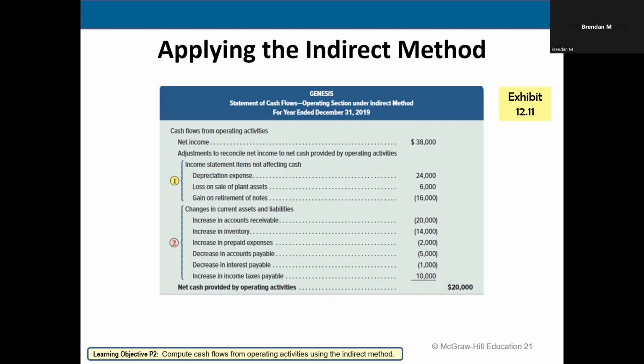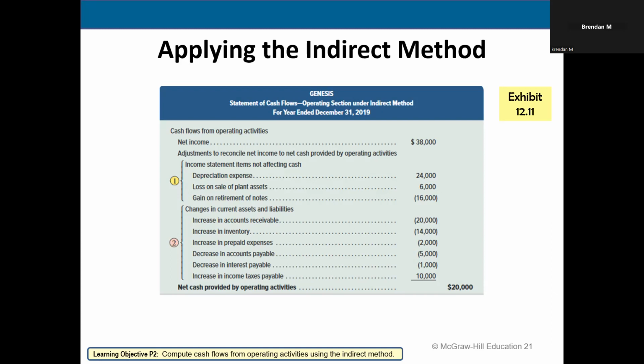So our little template here to divide and conquer a little more: net income plus non-cash expenses like depreciation and amortization and maybe depletion. And then there's a rule on the sale of plant assets and the gain on sale of plant assets, let's say, or in this case, retirement of notes.